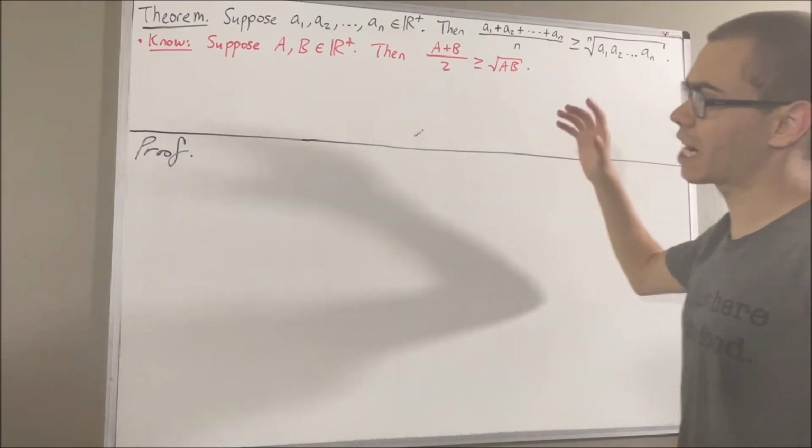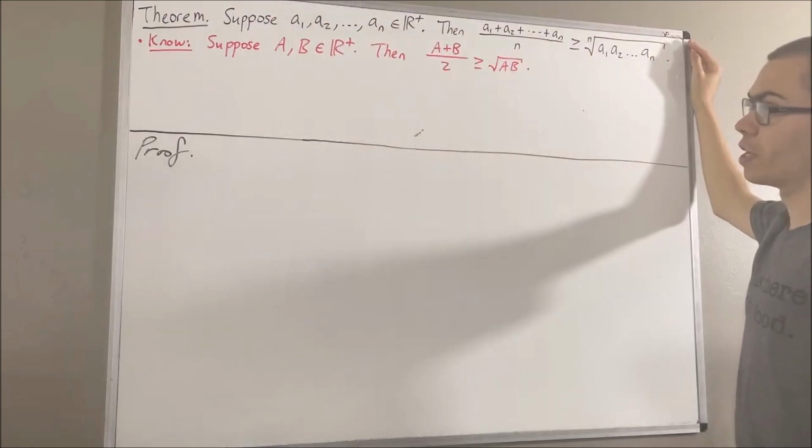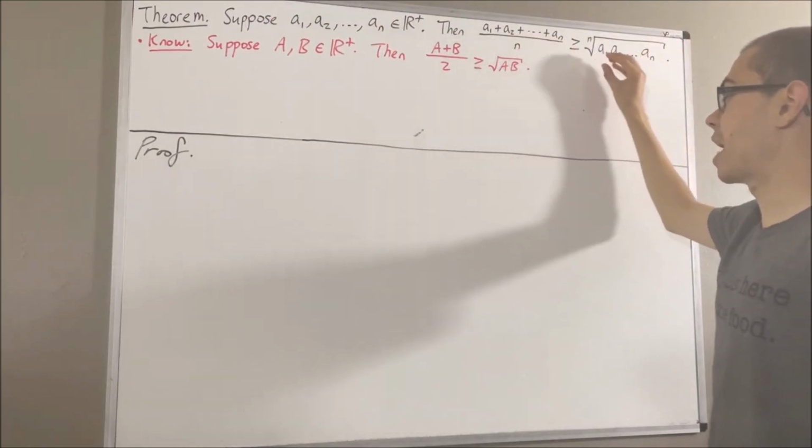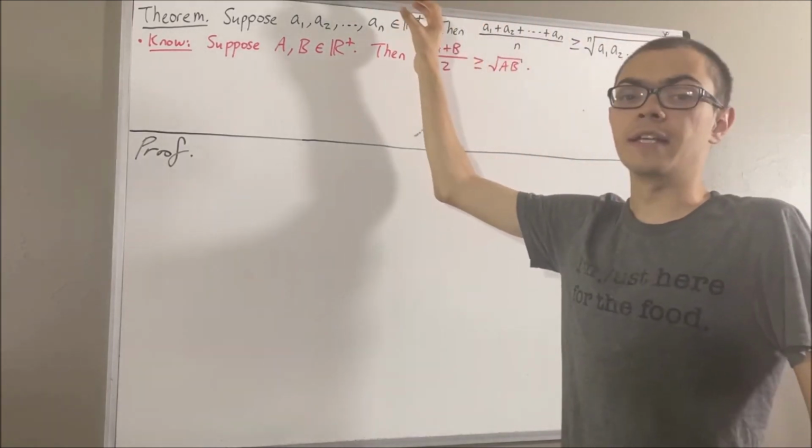And before we actually get into proving this theorem, we're going to prove, in particular, that the AMGM inequality holds for all lists whose length is a power of 2.